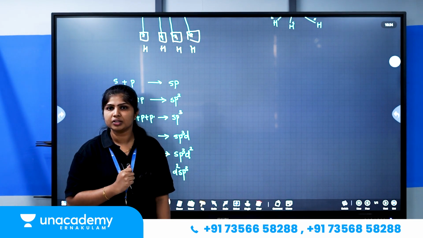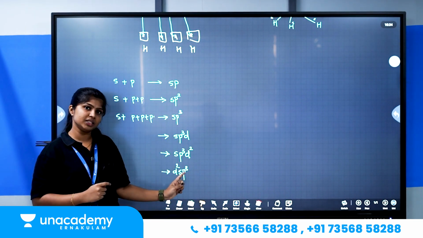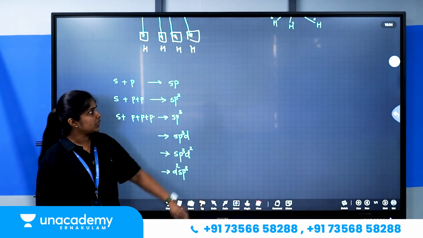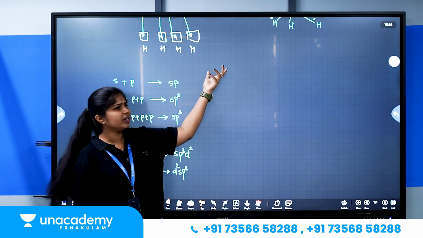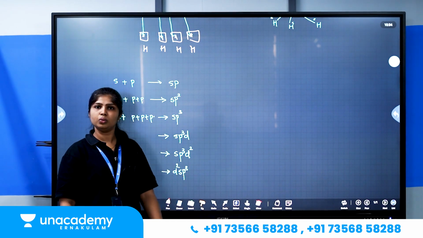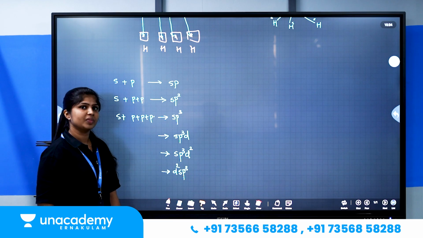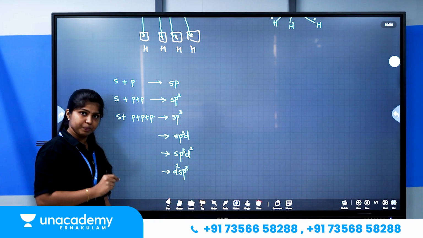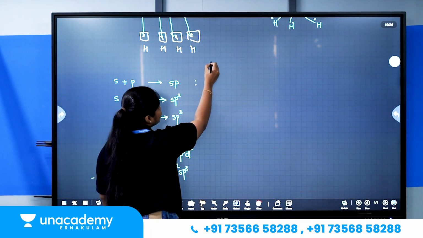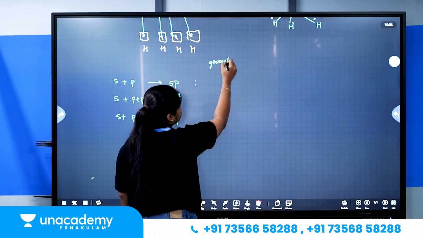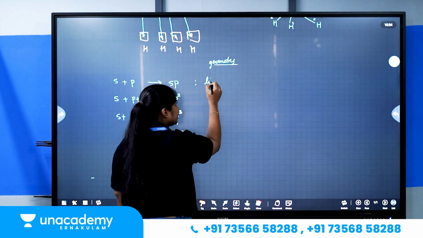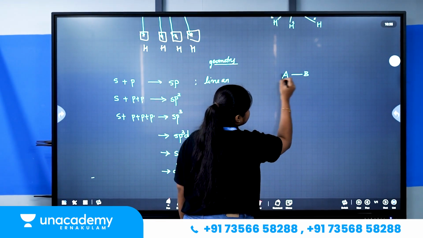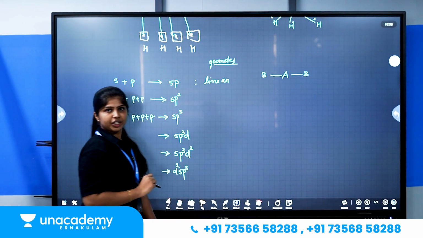So what is the purpose of it? Based on the hybridization, we can predict the geometry of the molecule. You can see, I have drawn a tetrahedral shape for CH4, right? How do I know it's tetrahedral? Based on this hybridization. If the hybridization is sp, its geometry will be linear, that is, it will be like this, a linear shape.